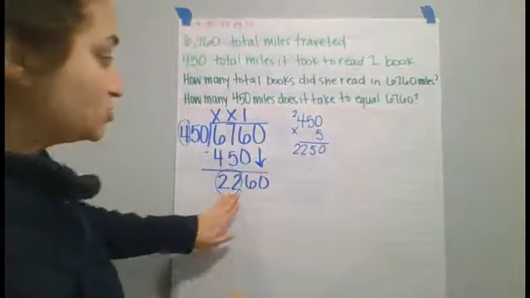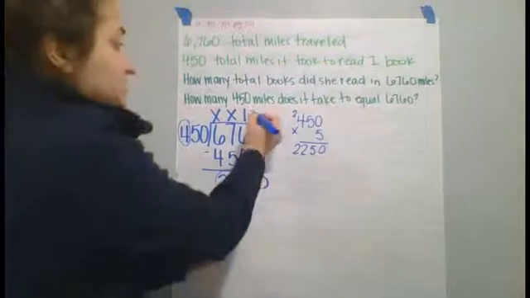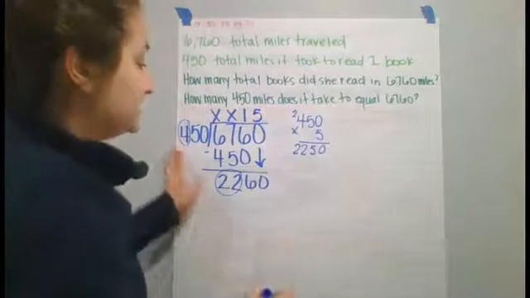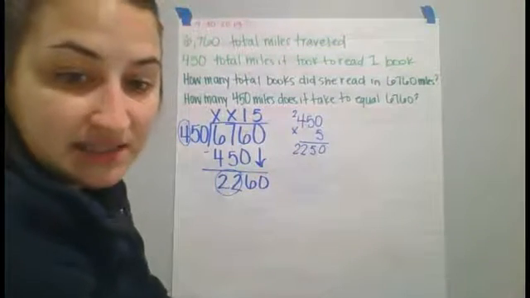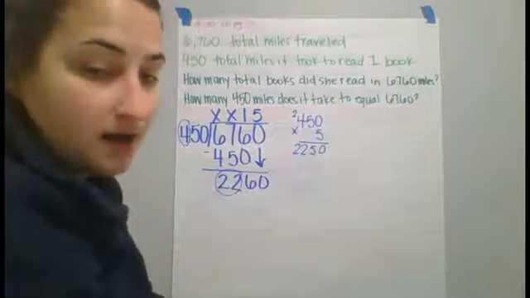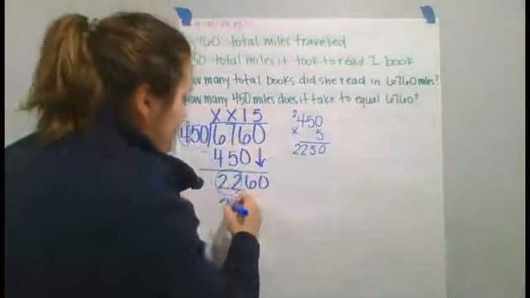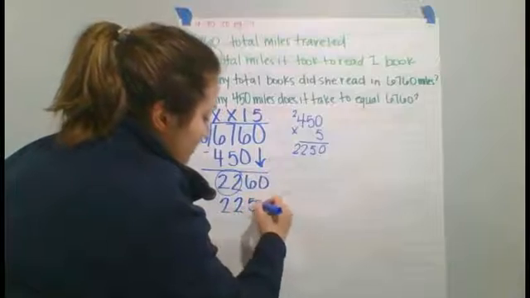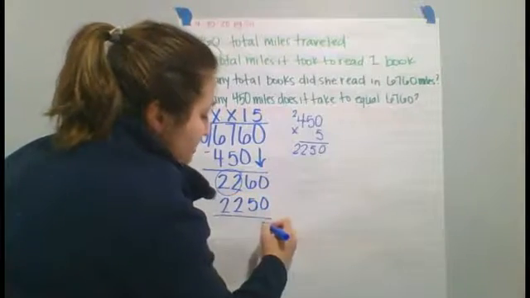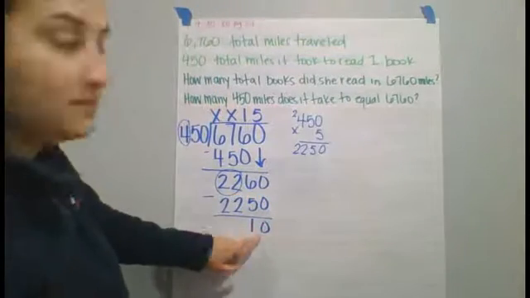So if you notice, we're extremely close. So this is going to be a 5, but it didn't go in evenly. So that means that we are going to have a remainder. So 450 times 5 gave us 2,250. We subtract, and we get a remainder of 10.